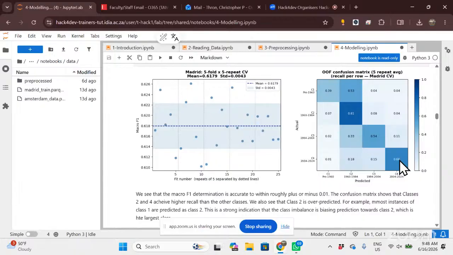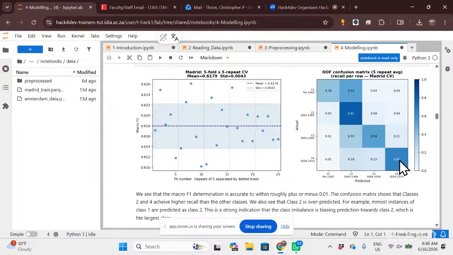Which class is classified the best? Class 2. Which class is the biggest? Do you remember? Class 2. Class 2 is the biggest, and class 2 is the best predicted. This is not an accident. This is a problem. This means that your classifier is favoring the biggest class.